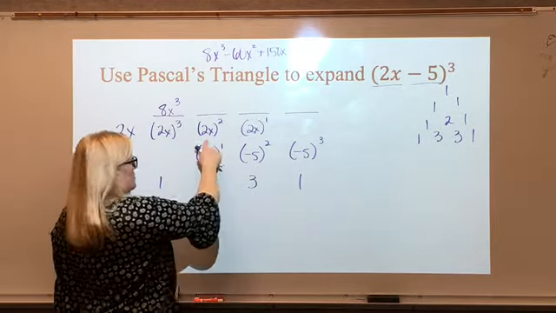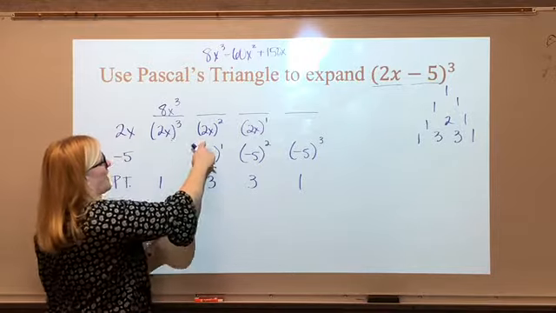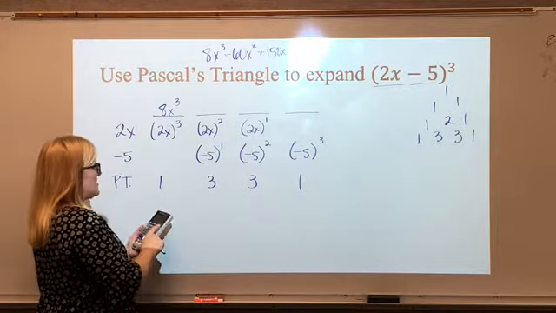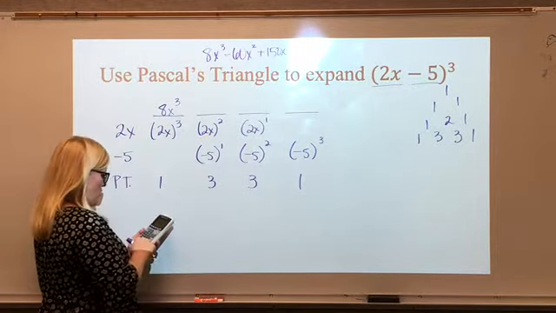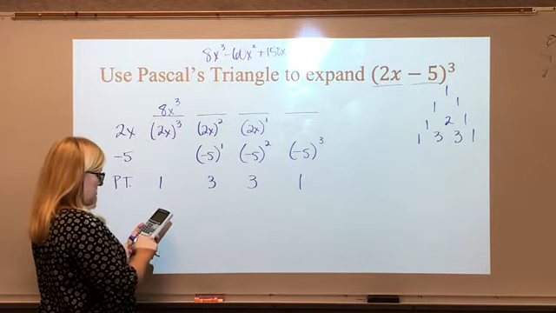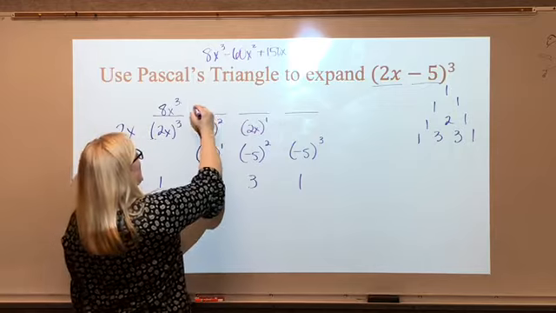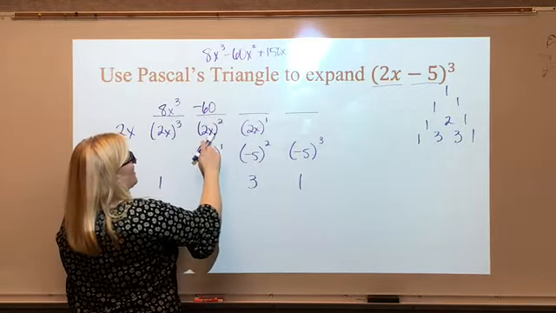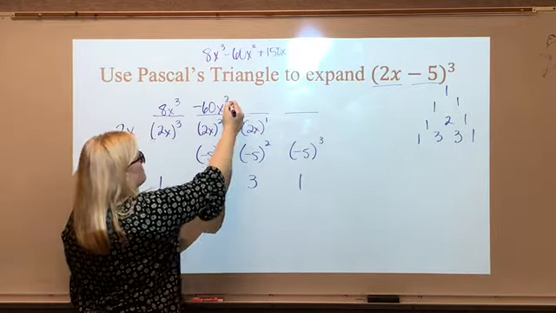Okay, 2x squared, this gives me 2 times 2 is 4, times -5, times 3 gives me -60, and then I've got my x squared.